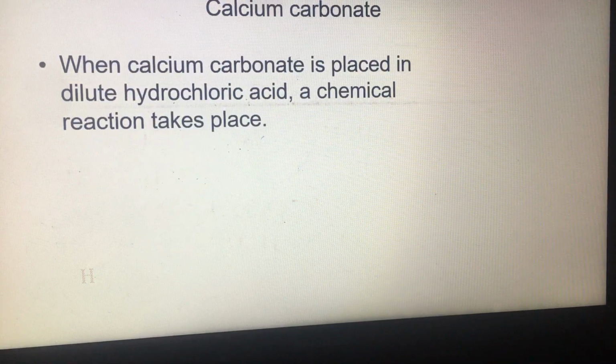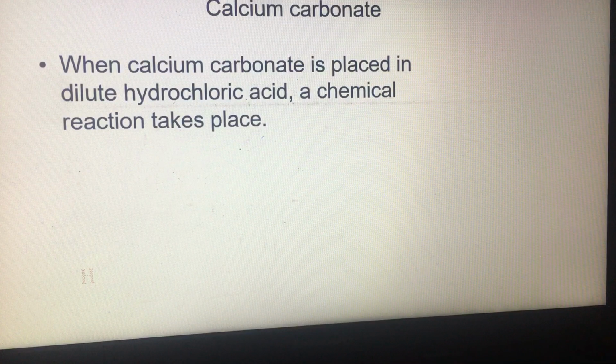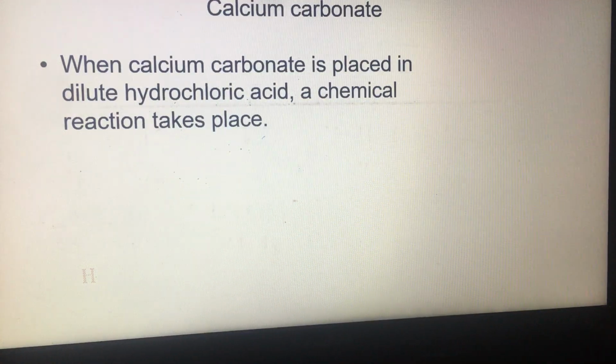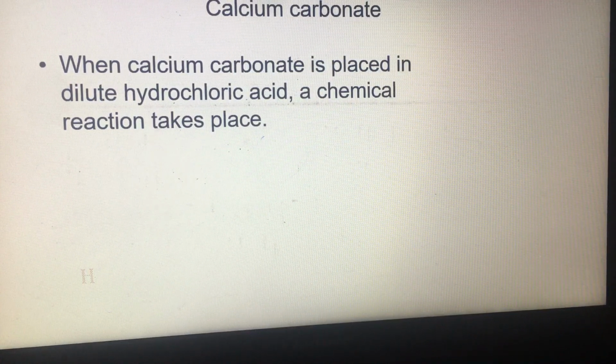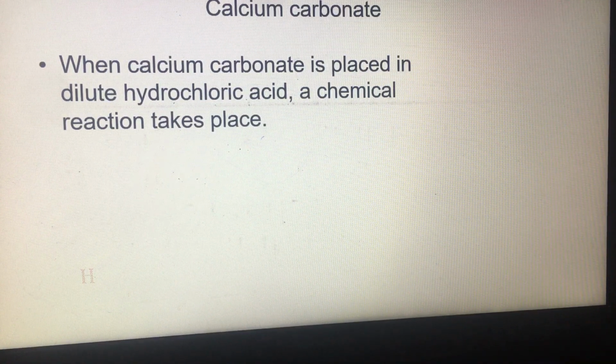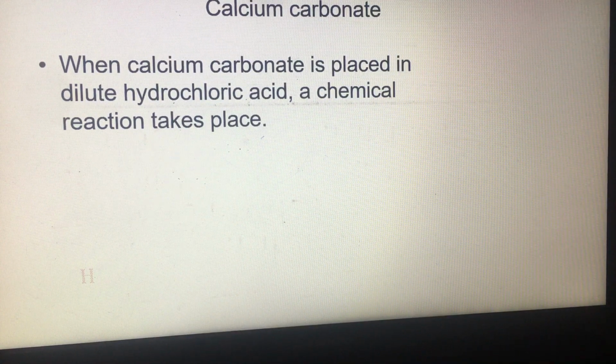Okay, now here we have some notes about calcium carbonate. When calcium carbonate is placed in dilute hydrochloric acid, a chemical reaction takes place. We can find calcium carbonate in marble chips, in chalk, and in limestone. Those three stones all are made up mainly of calcium carbonate.